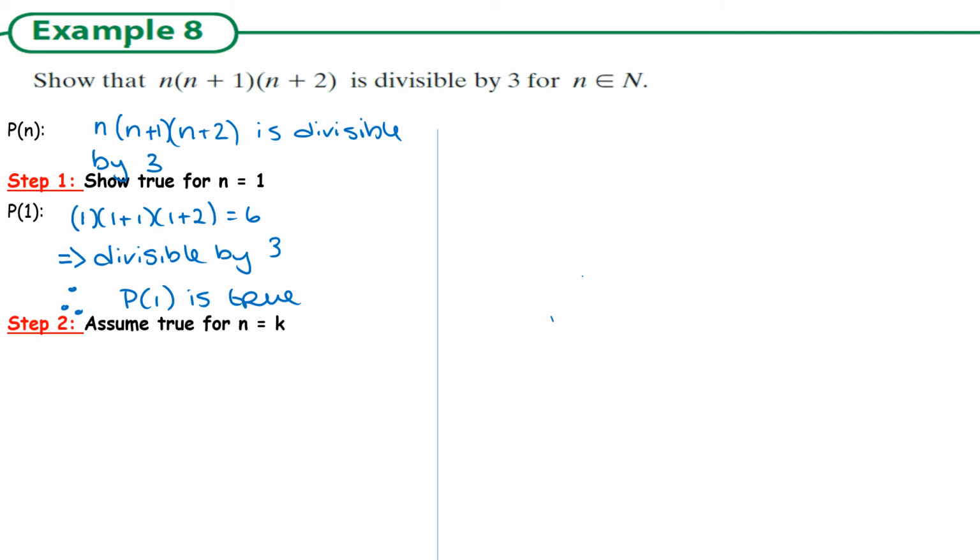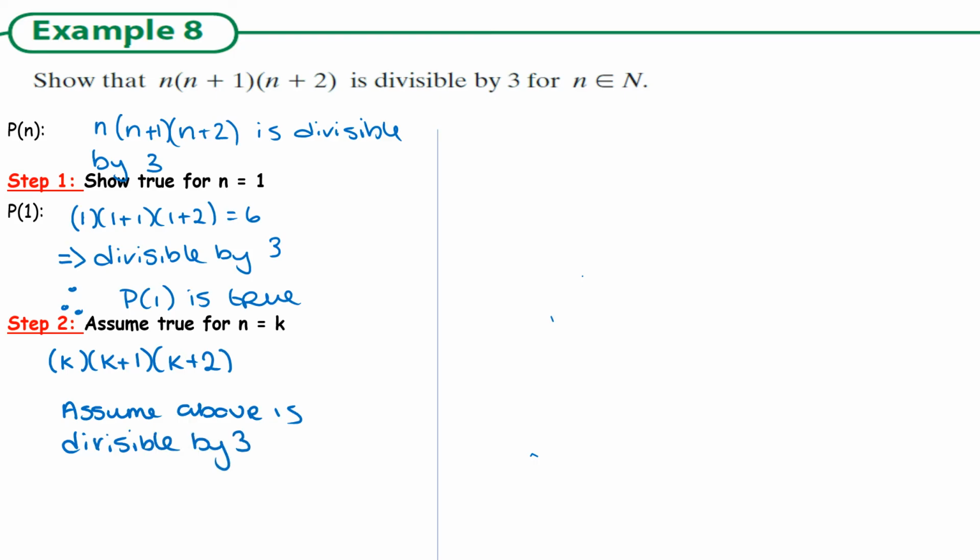Step 2, assume true for n equals k. So we're going to have k times k plus 1 times k plus 2, and we're going to assume the above is divisible by 3. So like I said, a different way to approach it this time.